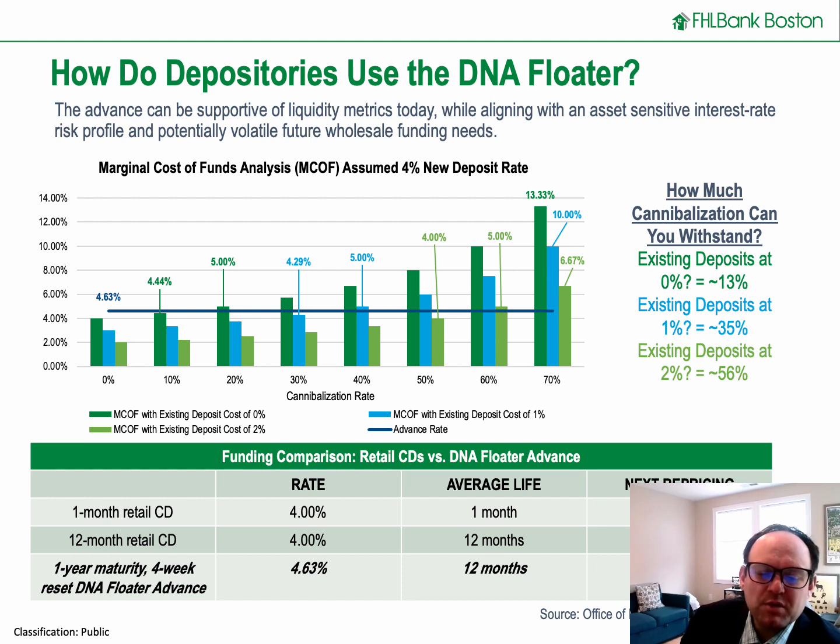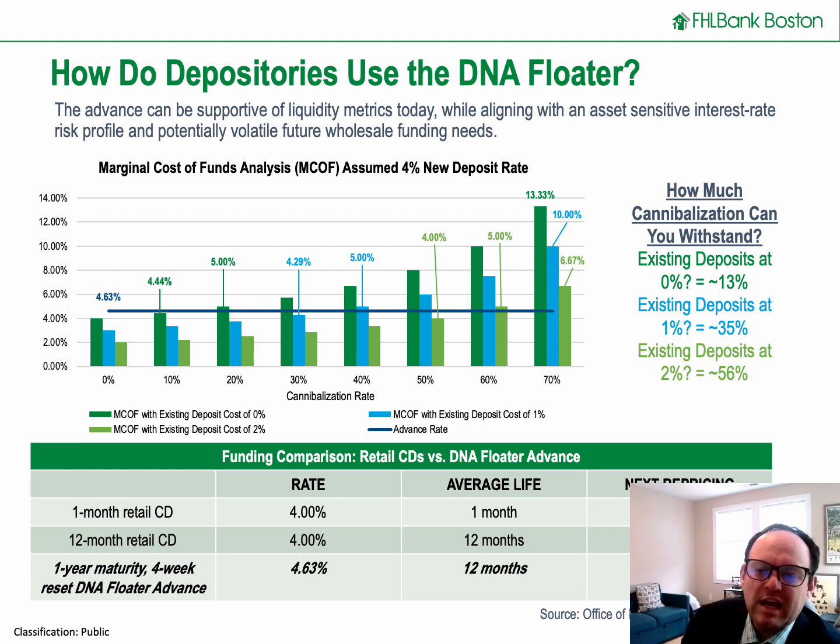Now you may be asking, well, why would I borrow at 4.63 versus the hypothetical 4% on a CD? Just looking at those nominal numbers doesn't take into effect the marginal cost of funds.